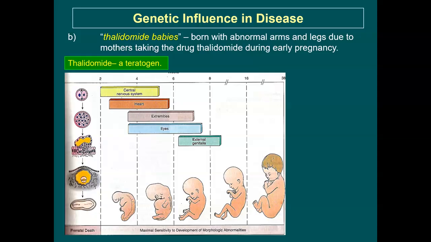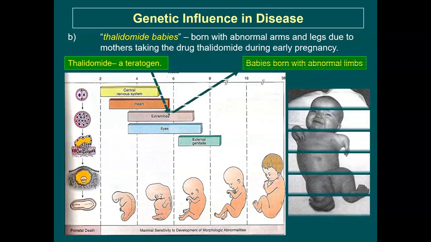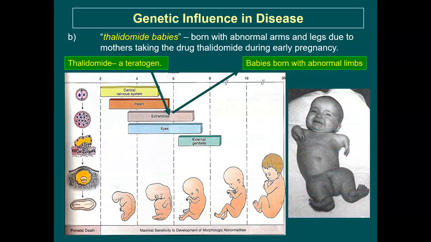And what happened was women that were prescribed thalidomide for their nausea and vomiting had a tendency to have babies born with abnormal limbs. So you can see not only are they very short, they're somewhat webbed also.